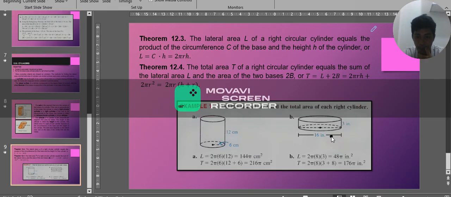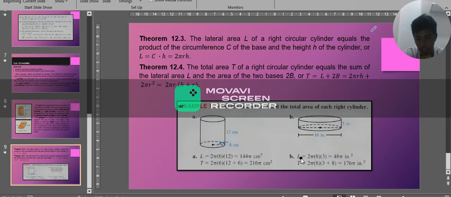Now, this time, letter B. But first, let's focus on the radius. The diameter is 16 inches. Therefore, the radius is the diameter divided by 2, which results in 8 inches. Next, the altitude of the cylinder is 3 inches.